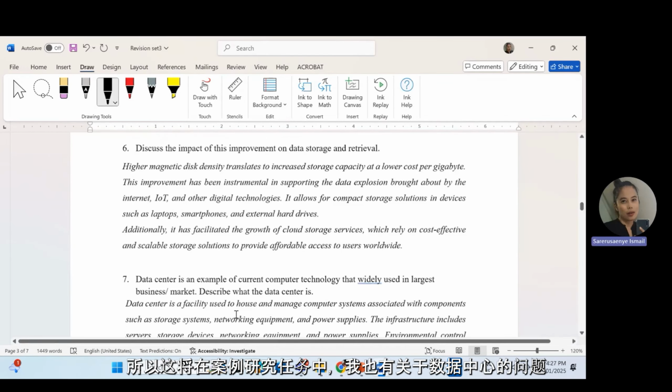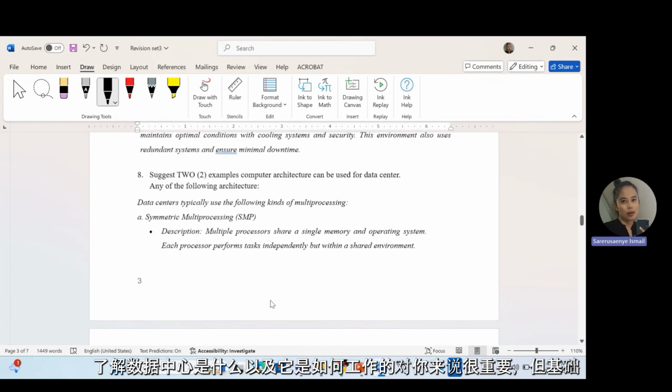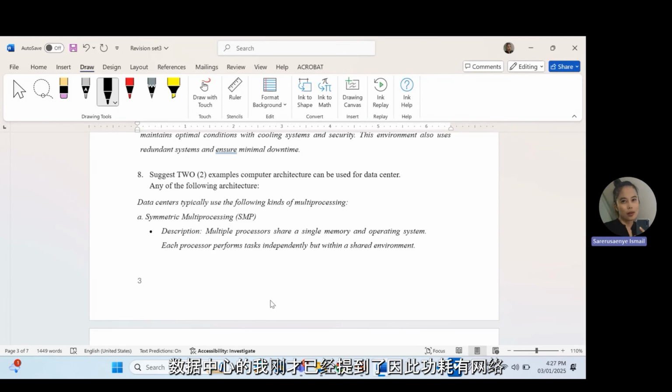I also have questions about the data center, because your case study will talk about data center. That is what I said just now. It's really significant for you to know what a data center is and how it works. The foundation of the data center I already mentioned: power consumption, networking equipment, and a cooling mechanism.